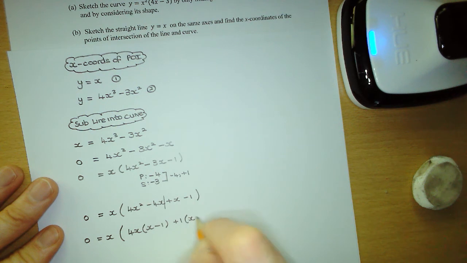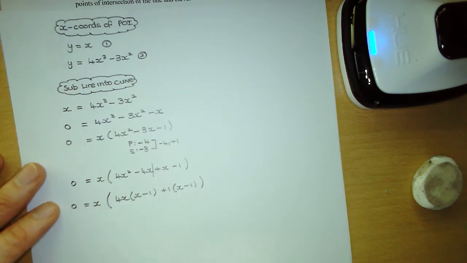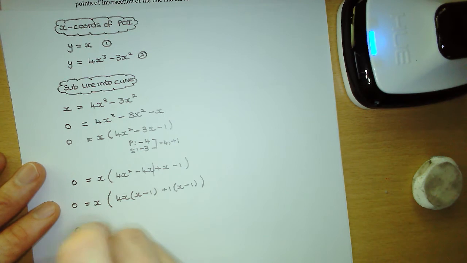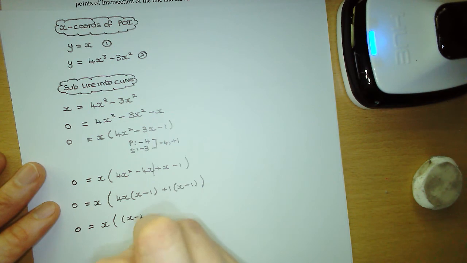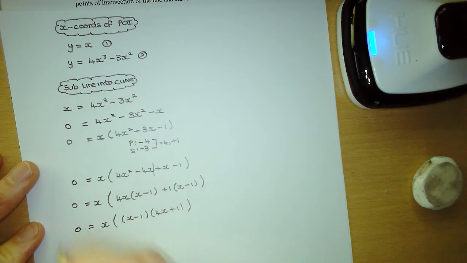Again we'll have x minus 1. And then tidy it up. So we've got x minus 1 is what we're going to lift out, that's common, and then we're going to have 4x plus 1. And then remove the outer brackets, so we're going to get 0 equals x times x minus 1 times 4x plus 1.